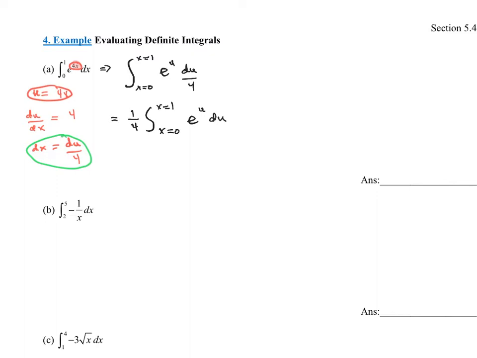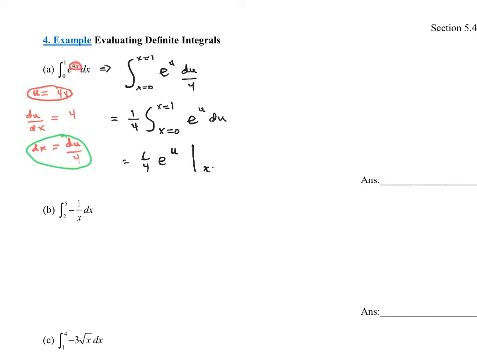Now, my limits of integration are in terms of x. That's perfectly fine because I'm treating this like an indefinite integral right now. My variable and my differential are both e to the u and du. Those match. So remember, the integral of e to the u is quite simply e to the u. We would have to say plus c, but since this is a definite integral, I don't.